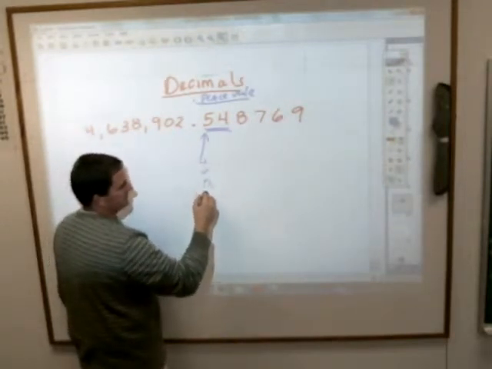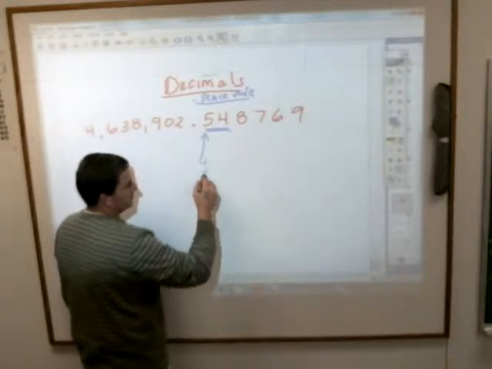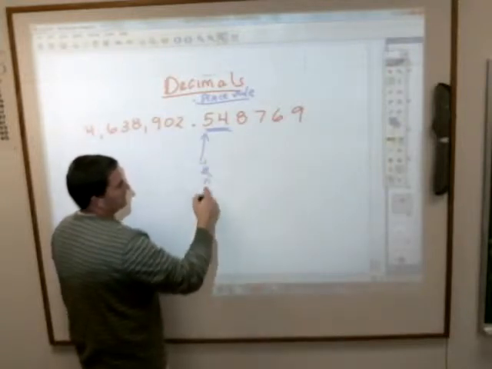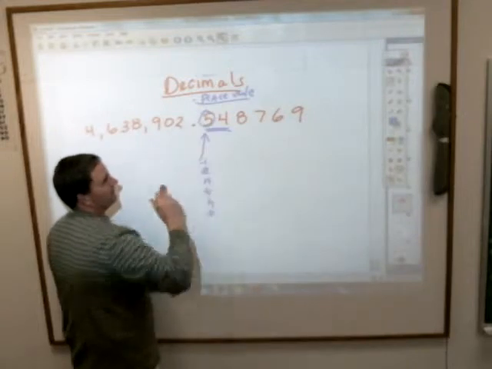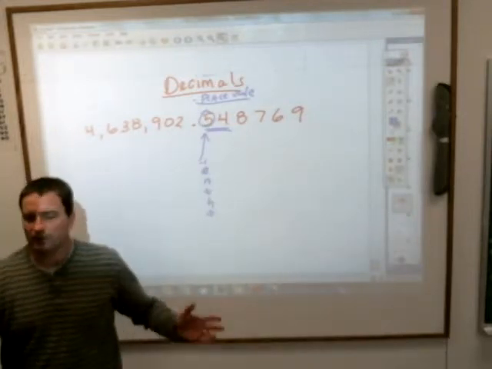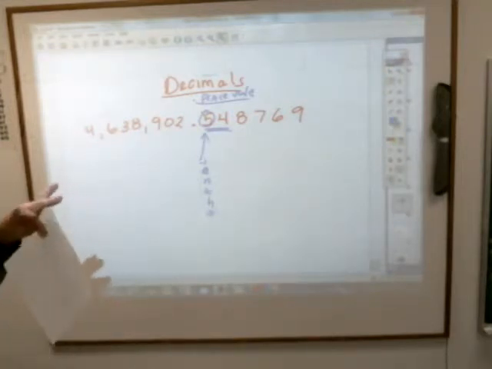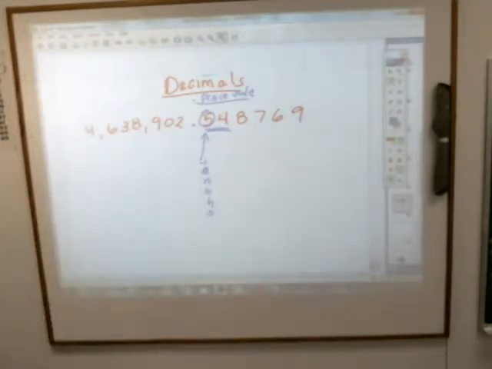This 5 means that I have 5/10 of whatever it is. If I was talking about this piece of paper, 5/10 of it means I cut it into 10 equal pieces. Well, 5/10 is half of it. That's what that decimal 5 means.